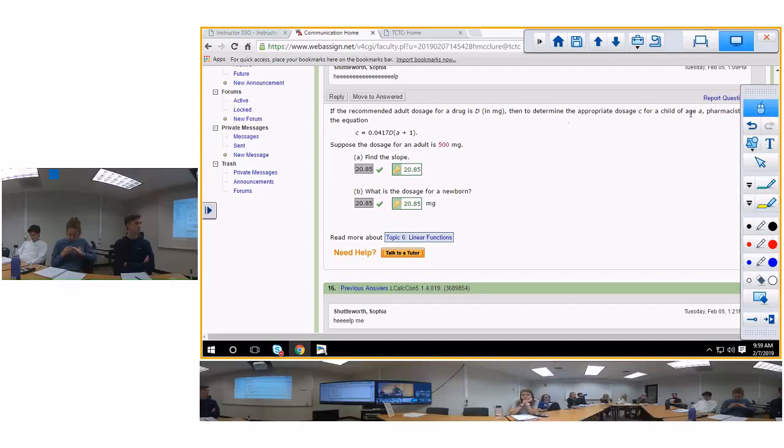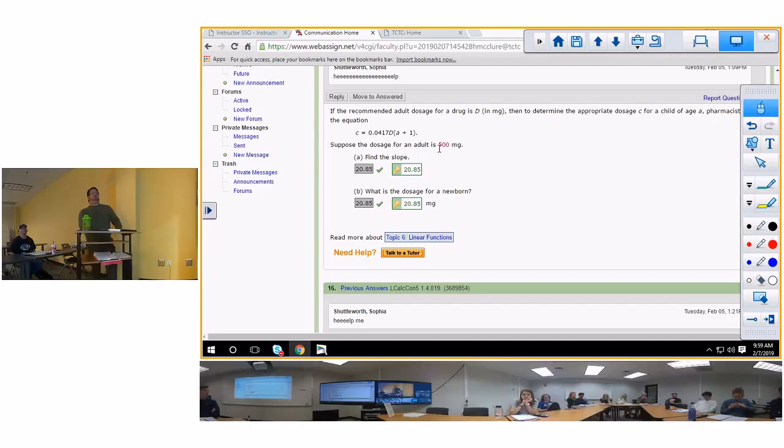Determine the appropriate dosage for a pharmacist. Looks like to me you're just going to plug in what? You're going to plug that 500 in for D, and then you're going to distribute it.